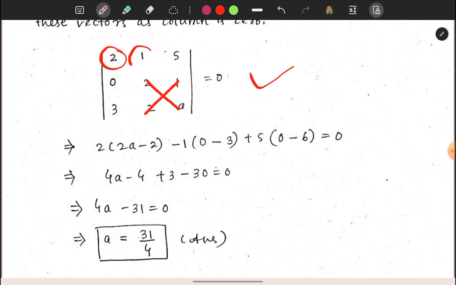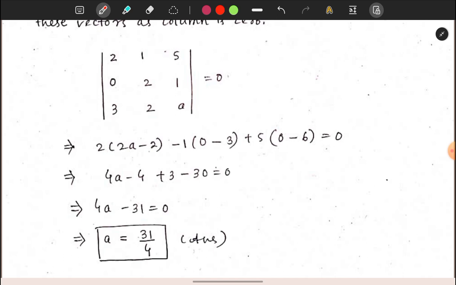Similarly, if I am taking 1 with a negative sign, then what happens is 0 into a, that is 0, and 1 into 3, so 0 minus 3. Similarly, if I am taking 5, it will be 0 into 2, 0, minus 3 into 2, 6. Simple, just as a determinant is solved.